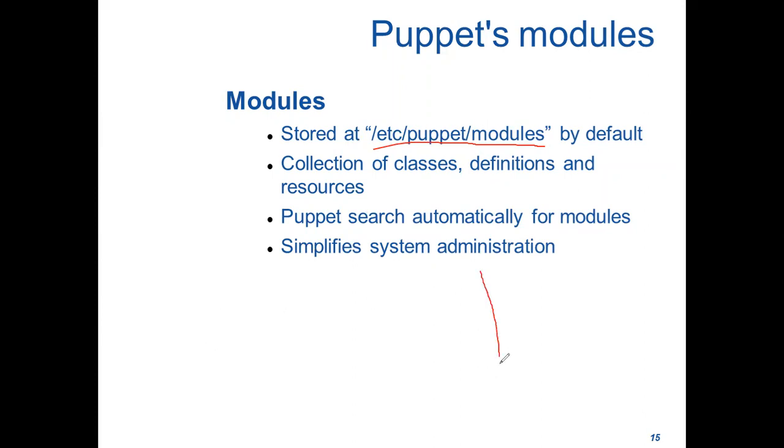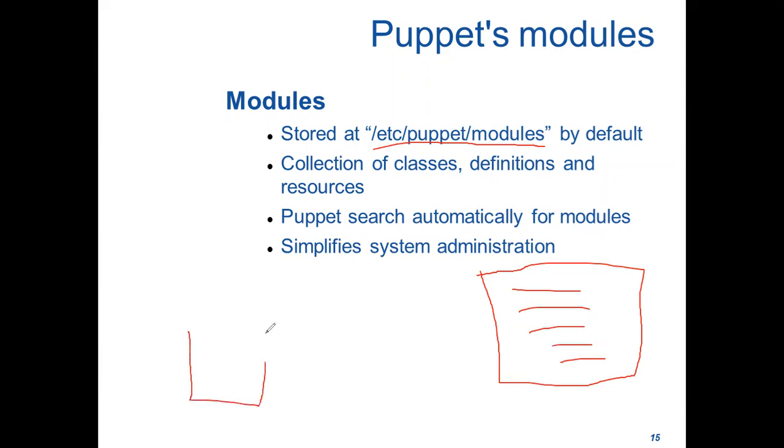Let's say that in your etc Puppet module location, you have a bunch of modules. You will be having a main manifest. We call it site.pp. Here I will be defining that on this node, apply this module, this module, this module.